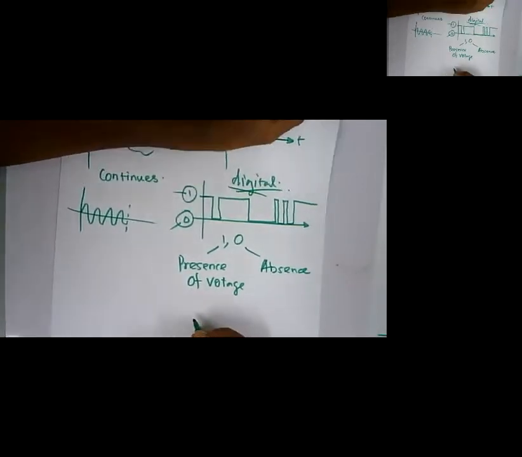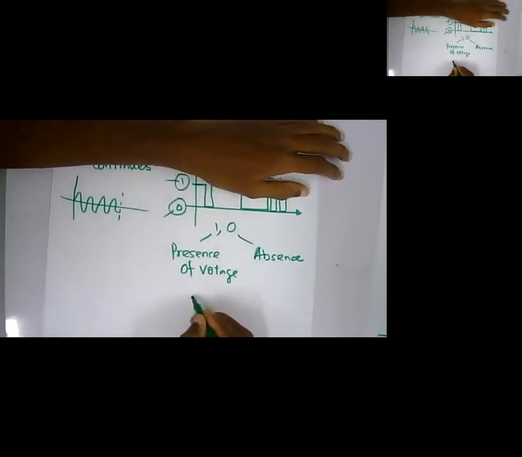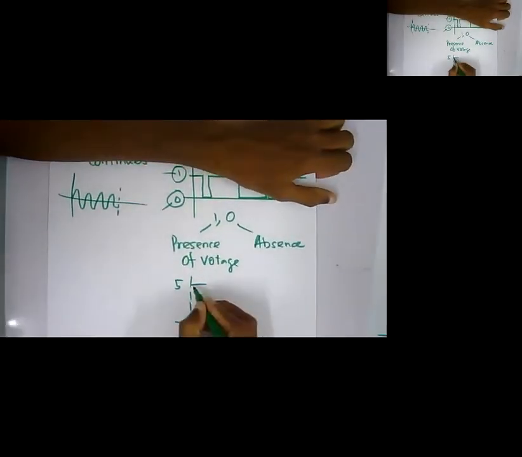We can represent 1 by the presence of a voltage, and 0 as zero voltage or absence of voltage. For example, if I have 5 volts, I can call it 1, and if it is 0, we can call it ground.